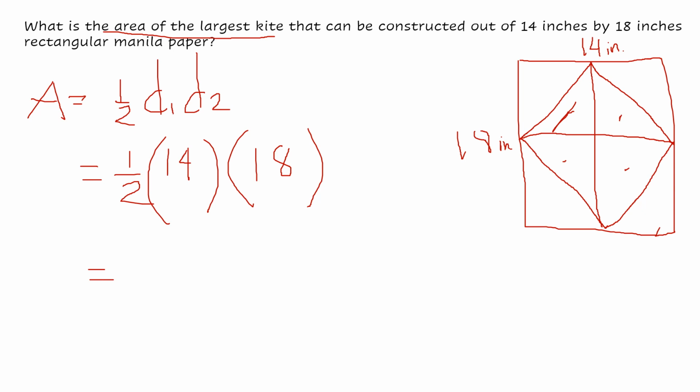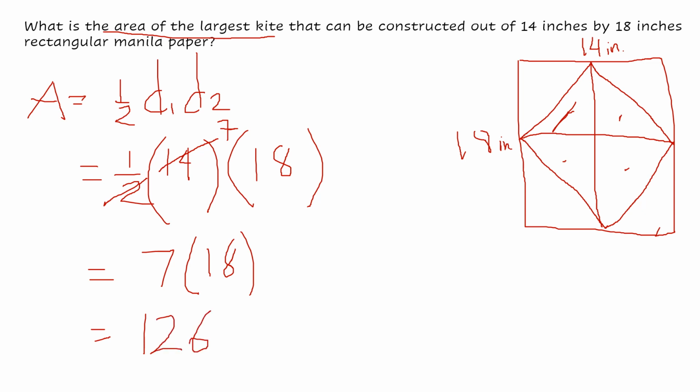So by cancellation, you can divide 14 by 2 and you get 7. So you multiply 7 times 18, which is 126.